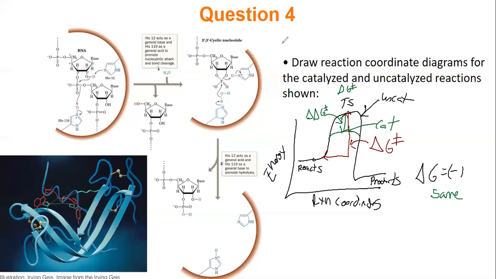And when we catalyze a reaction, we lower that energy. So the green is also a delta G double dagger, and we can call it cat for catalyzed, and I can call the red uncat for uncatalyzed. Technically, they're both delta G double daggers because they're measuring the same thing. And the difference between those two energies is what we call delta delta G double dagger.